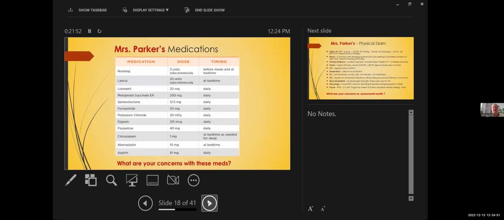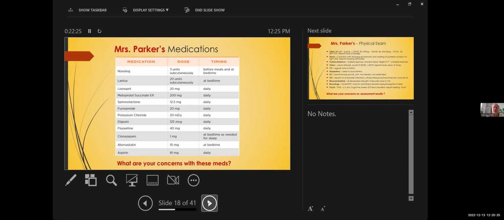So here are Mrs. Parker's medications she takes. She takes 12 different medications during the day. And when you look at the medications, do you have some concerns about these medications she's taking? So the first two are forms of insulin. The next four are medications she's taking for blood pressure.